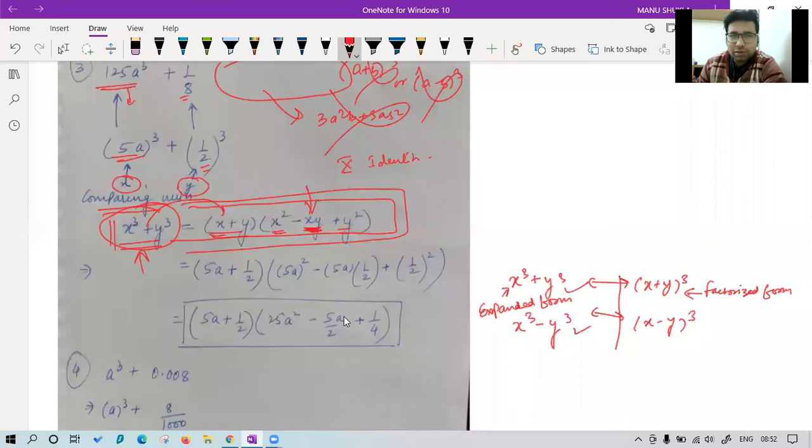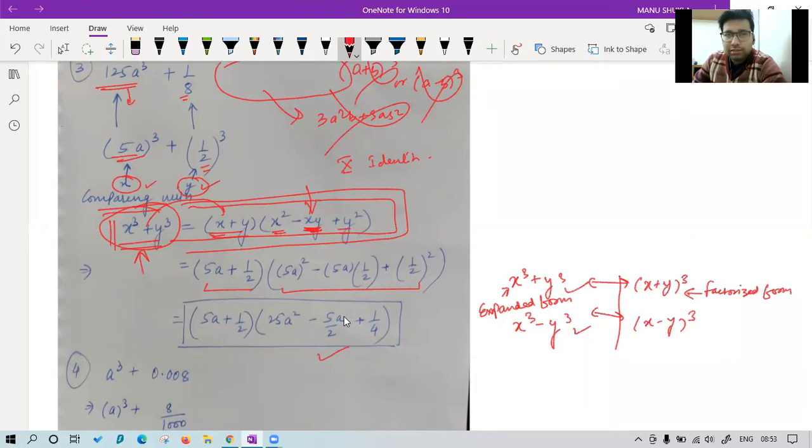But just by symbolizing like this also, I am making my point clear to the person who is going to read this question or understand this now. So we have put the values of x and y in the formula and we got the answer. I hope this question was not a problem for anyone. Please confirm if it was a problem for you. Is it clear now? Please confirm.